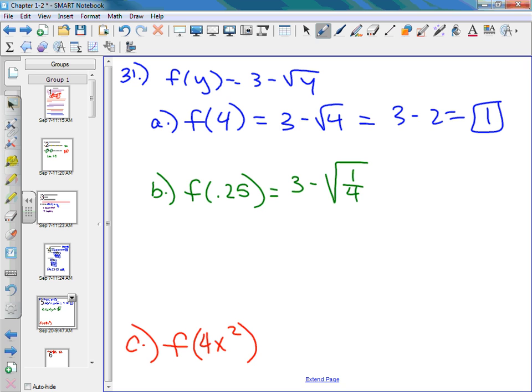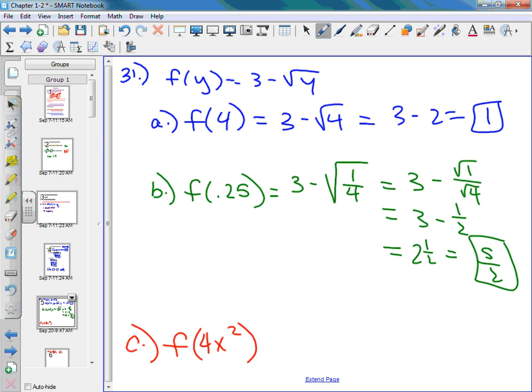If I write it as a fraction, then I can go ahead and separate the top and the bottom and write this as 3 minus the square root of 1 over the square root of 4. And what is the square root of 1? What is the square root of 4? And what is 3 take away 50 cents? 2.5, which is 5 over 2. Do we understand that?